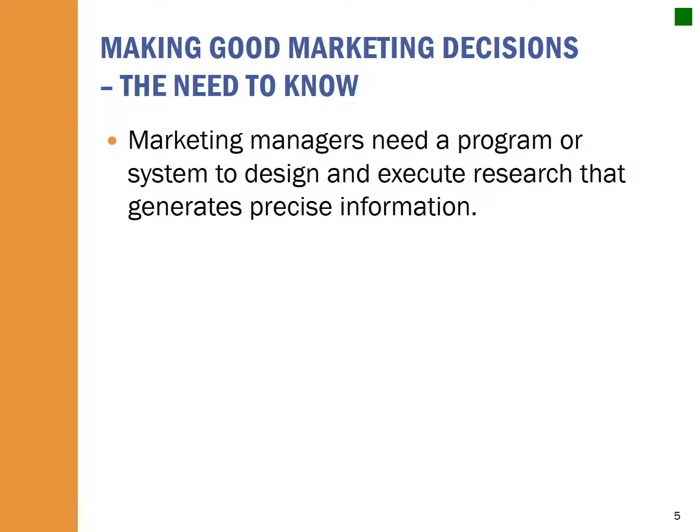So to make this work, we typically want some type of a research program or an agenda or a system, if you will, to help us conduct research so that we can create this information to make decisions with.